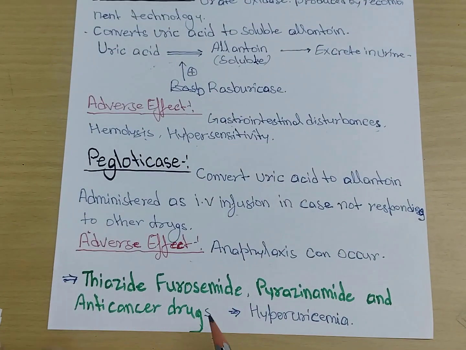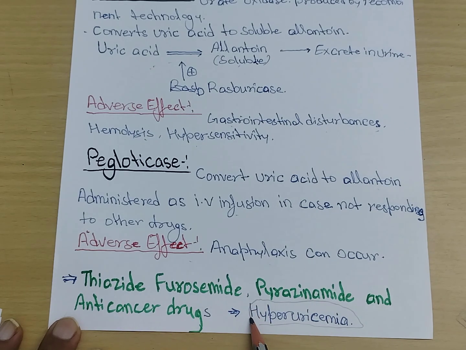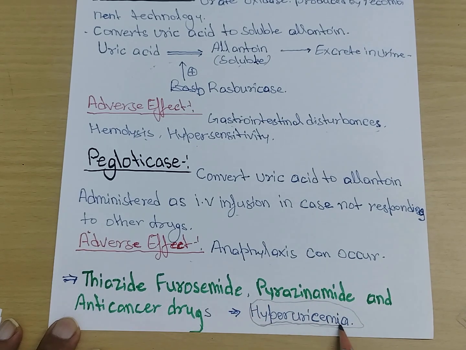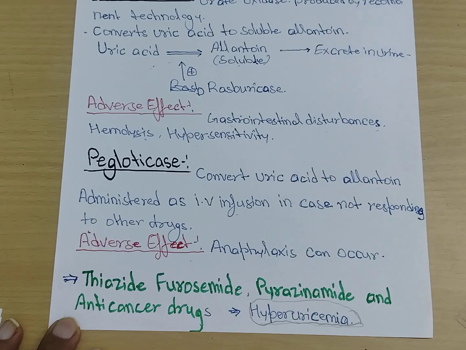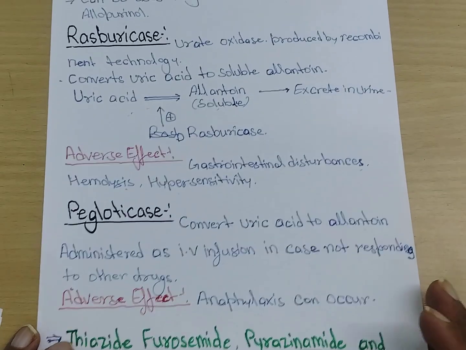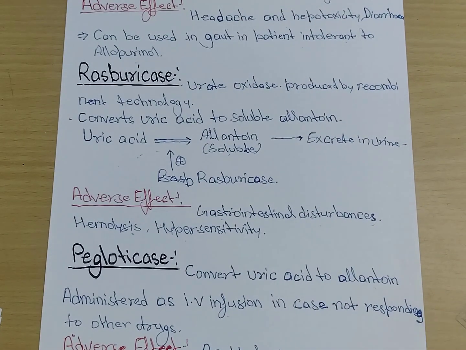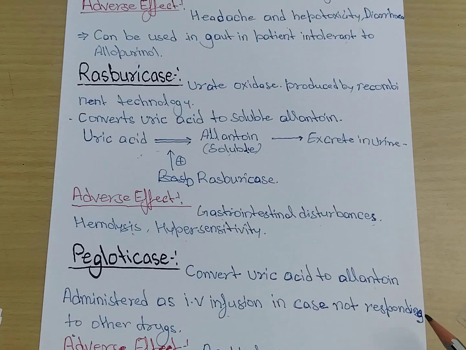These are the drugs: thiazide, furosemide, pyrazinamide, and anticancer drugs. These produce a hyperuricemic condition and produce symptoms like gout. Uric acid formation occurs by the metabolism of nucleic acid.